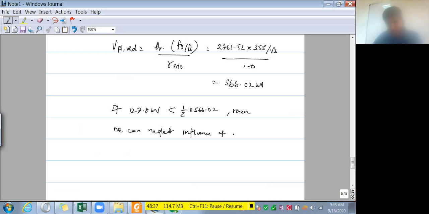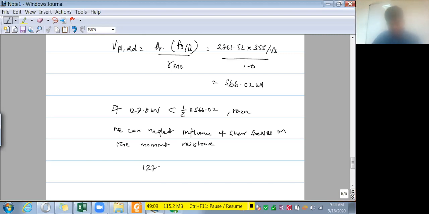Influence of shear stresses on the moment resistance. So what is half into 566? Half of 566.02 is 283.01.